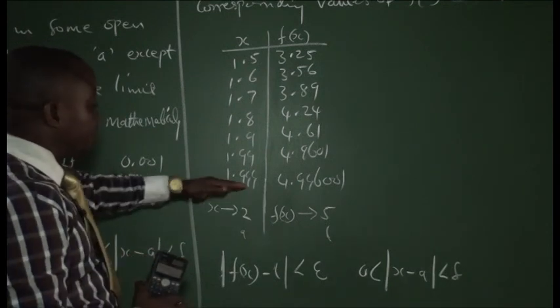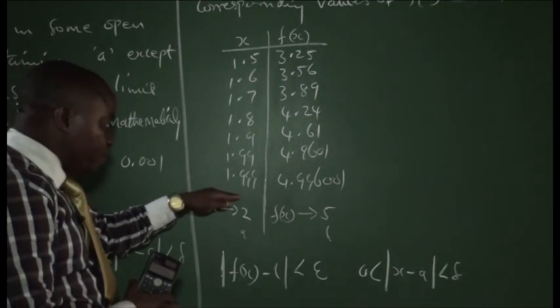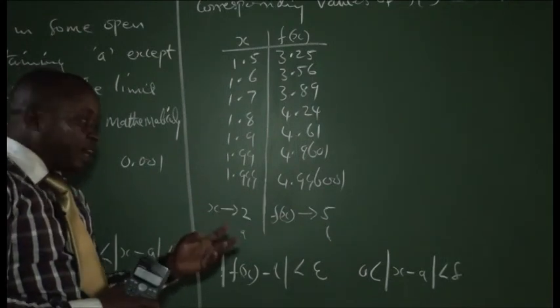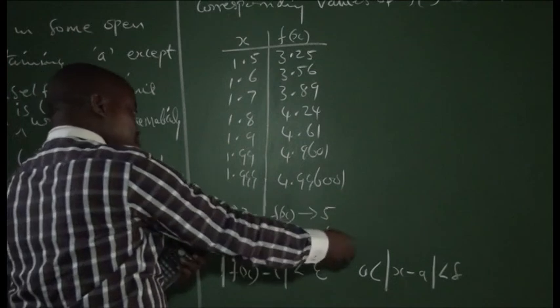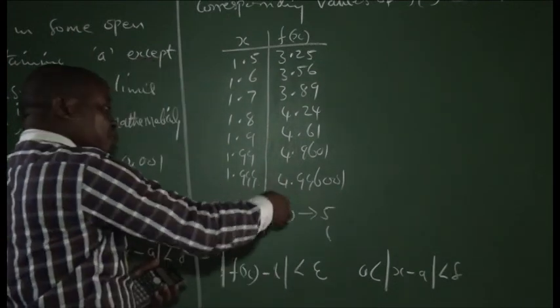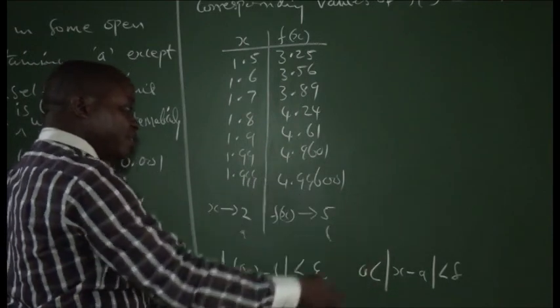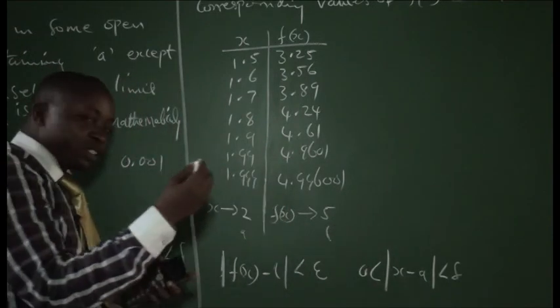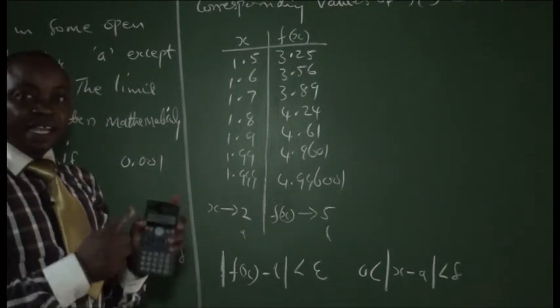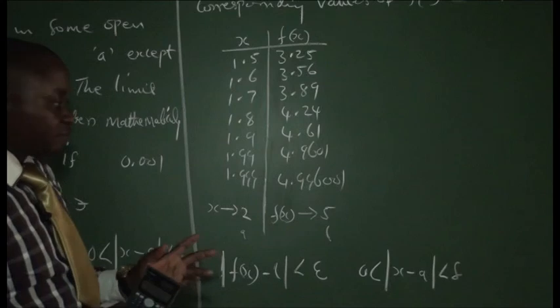So you see that if you take it closer again, 1.999999 minus 2, you get a small value. You can also get the corresponding value here by saying 4.99666 or whatever minus 5. You get a small value. Those small values are what we call epsilon and delta.